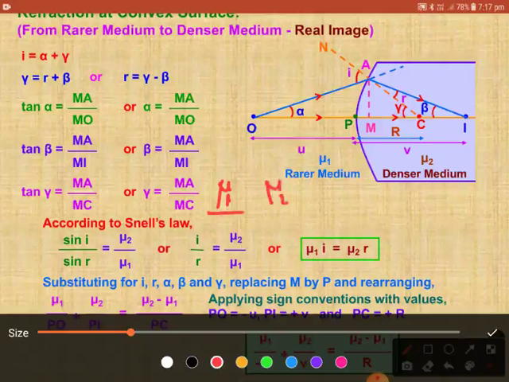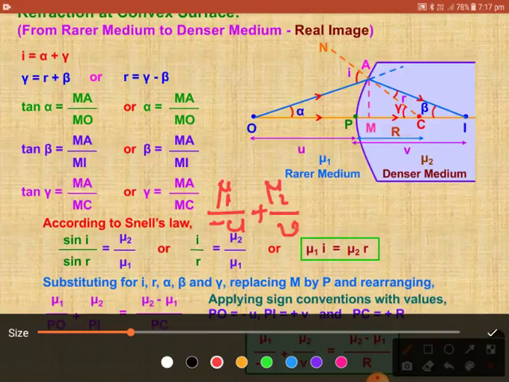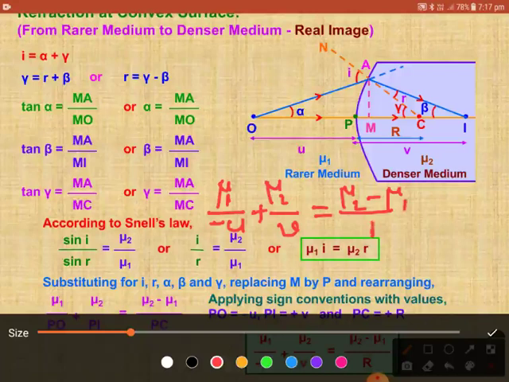So you divide mu1 by minus of the object distance, plus the second medium's refractive index divided by the image distance. Then this will be equal to mu2 minus mu1 divided by its radius of curvature. This will always be there like this.